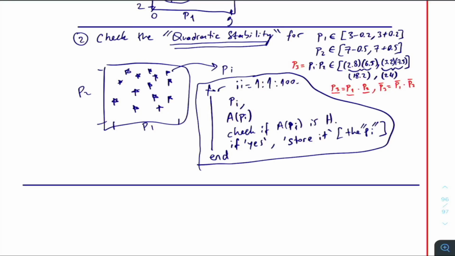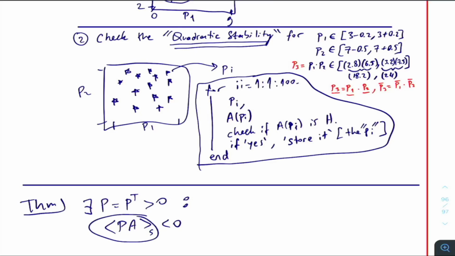The theorem: there exists a symmetric P, which is positive, such that He(A) is negative, sometimes written that way.